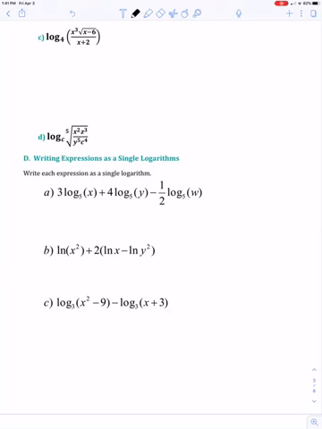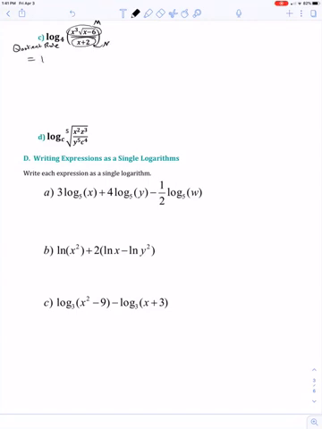So here I've got log base 4 of x cubed times the square root of x minus 6, divided by x plus 2. Well, first thing I'm going to do is create a difference of logarithms. I'm going to use the quotient rule. So the quotient rule, again, log of the numerator, there's our m, so to speak, if you look in our property, there's our denominator.